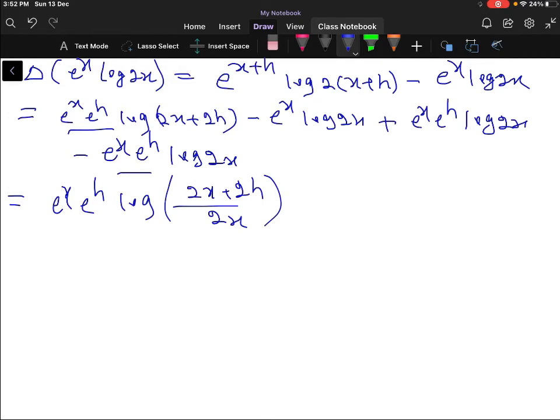So using that, first term and last term can be written as e power x into e power h into log of a is 2x plus 2h by b, that is b is 2x here.